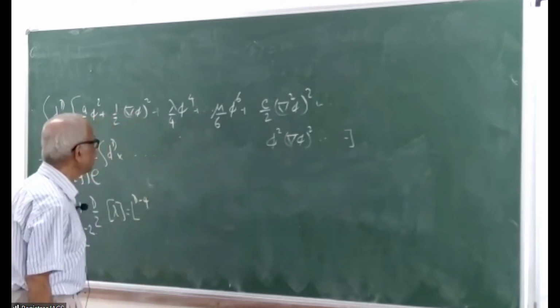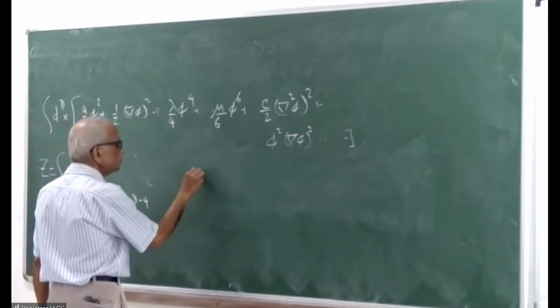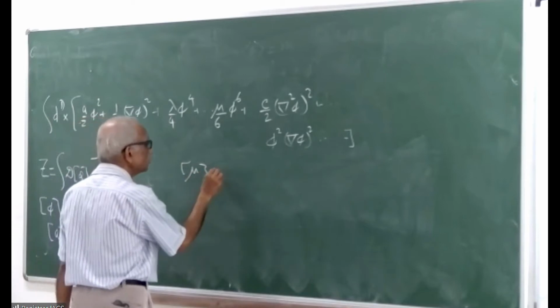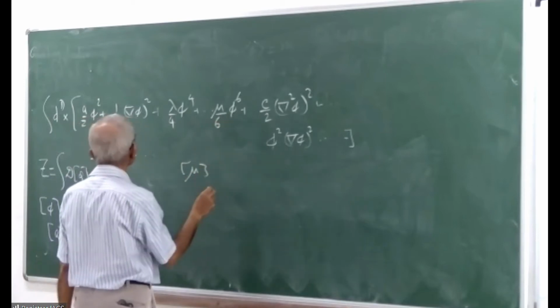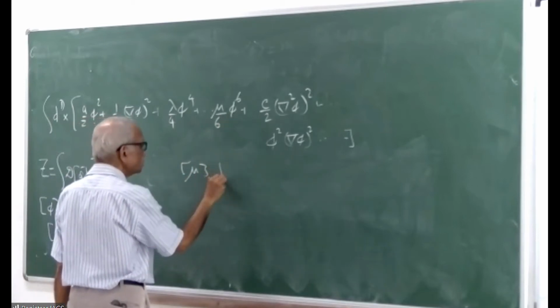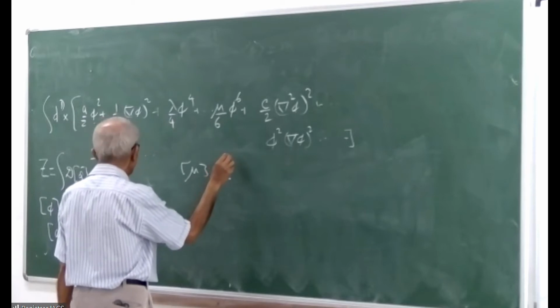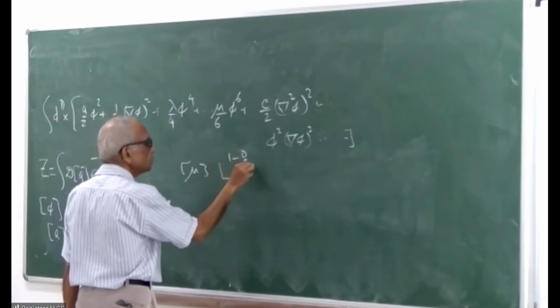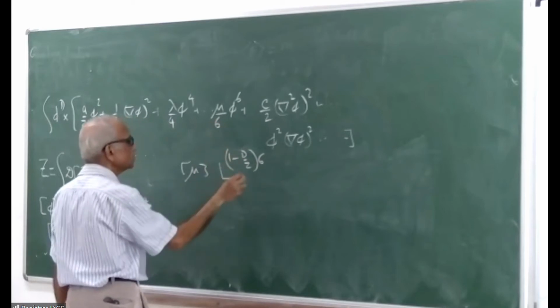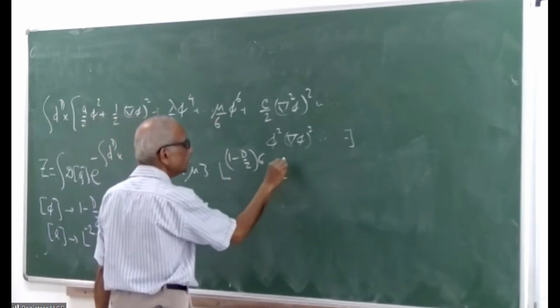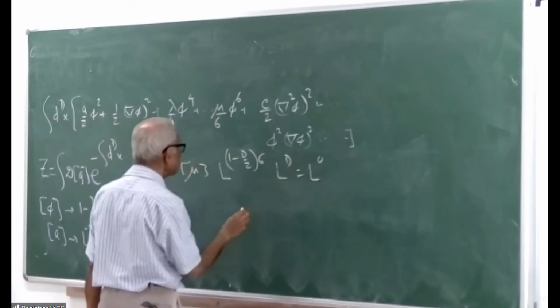Let's look at mu. The dimension of mu times phi to the power 6, which is L to the power 1 minus d by 2 times 6, times L to the power d, is L to the power 0.